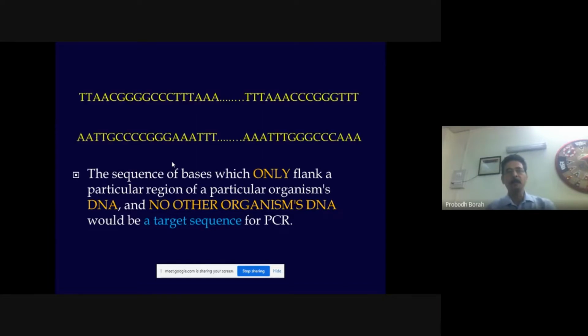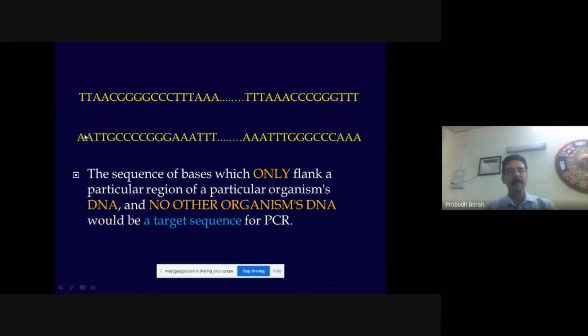Now, as we know, DNA is a double-stranded molecule. There are two strands of DNA, and both these strands are complementary to each other. That means the nucleotide at a position of one strand is complementary to that of the other.